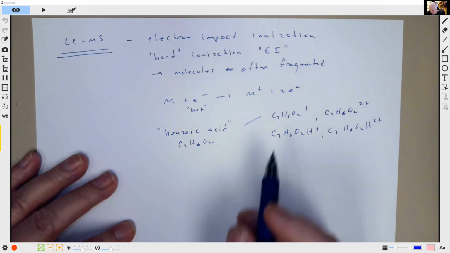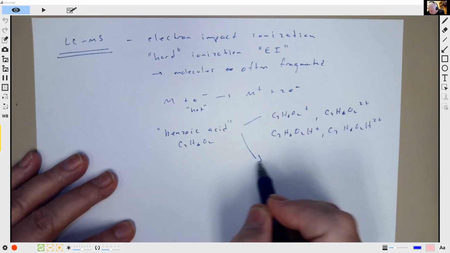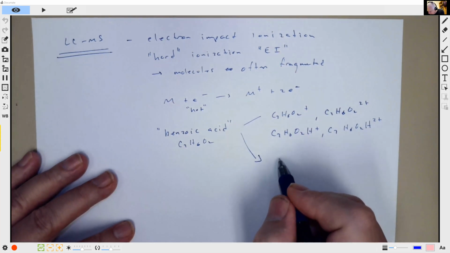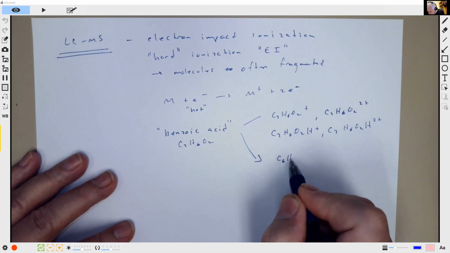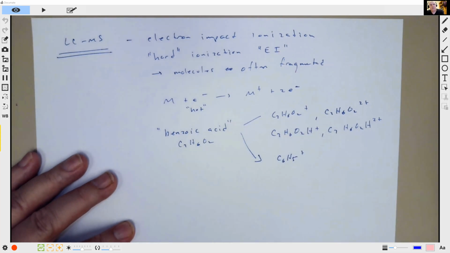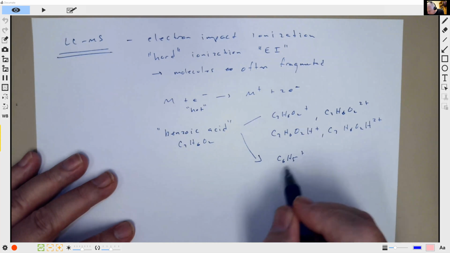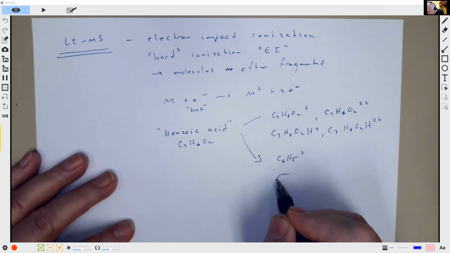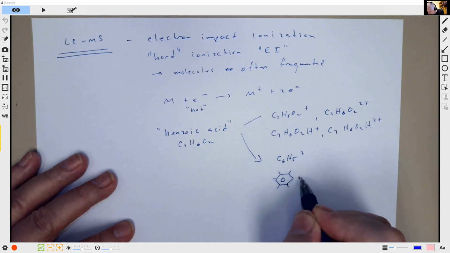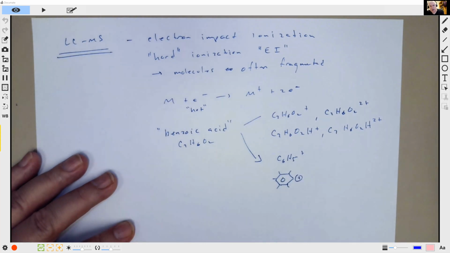You can also make C6H5 plus, right? This is a naked benzene ring that's a cation, and that will definitely form.